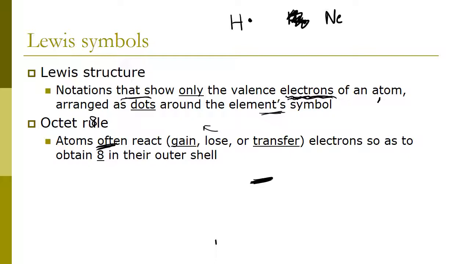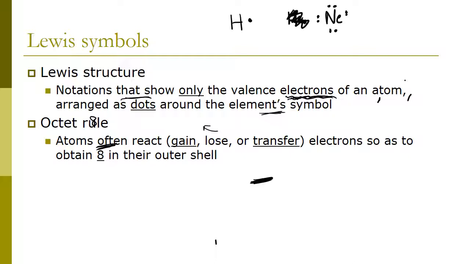Now, remember, we have the top, bottom, and the right and the left. We're going to leave them unpaired as much as possible, but we're going to put a total of 8. So we start filling it out. 1, 2, 3, 4. And then I'm going to start pairing them. 5, 6, 7, 8.